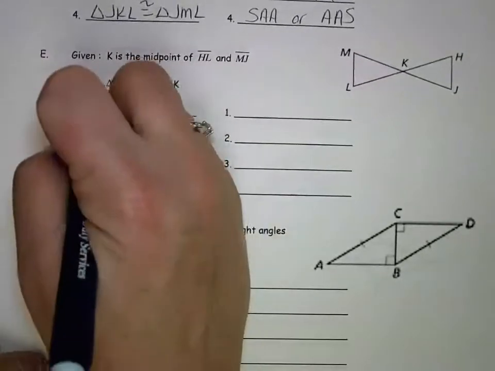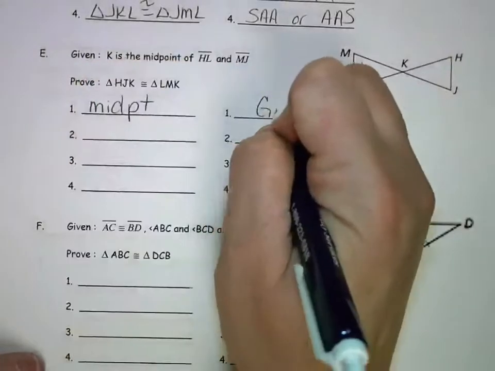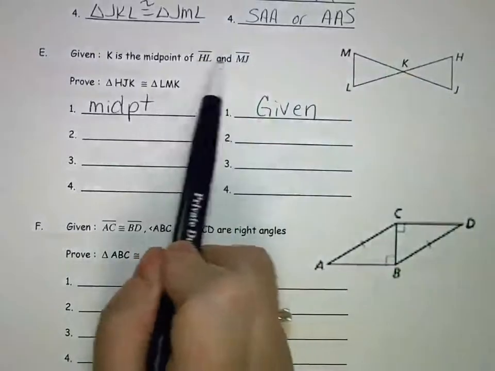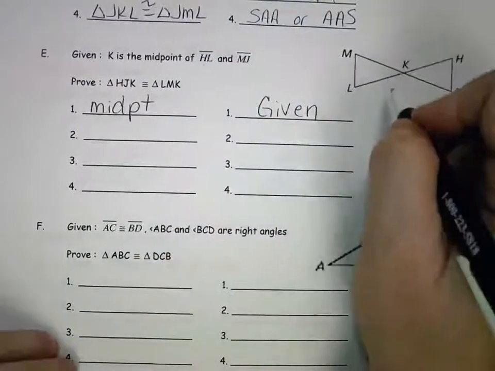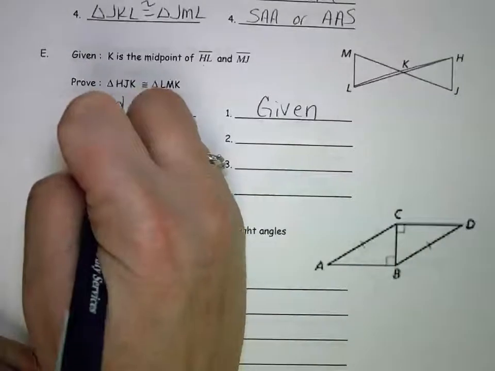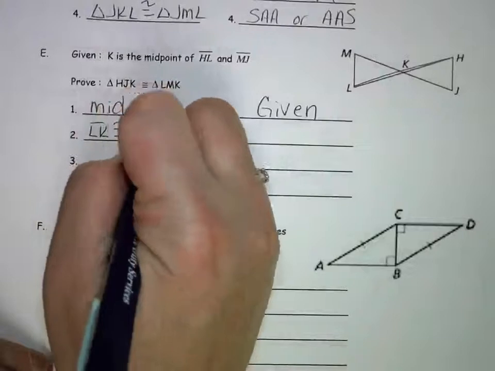Letter E, you have K is the midpoint of two different things. You'll notice there are two segments here. So K is the midpoint of HL. That tells us LK is congruent to KH.